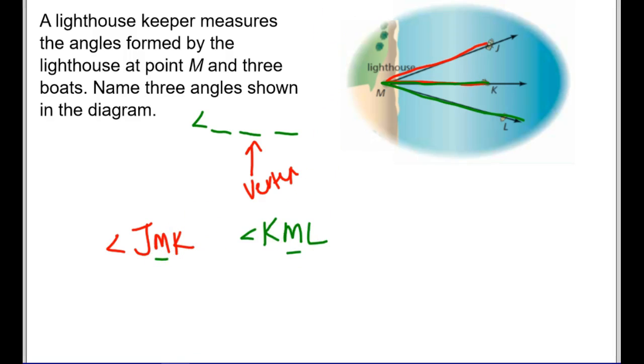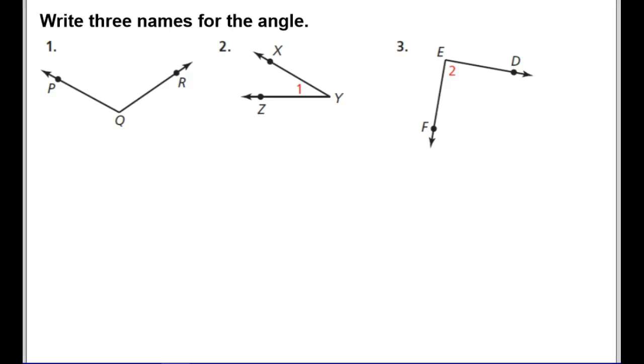And that's how we always name our angles. Then the third angle that I really see is I go from J through M through L. So this can be J, M, L. And that's how we always want to think of naming: start at J, what point's the middle, and then I go down the other side. Okay, so now we have to name these and try a couple different ones.